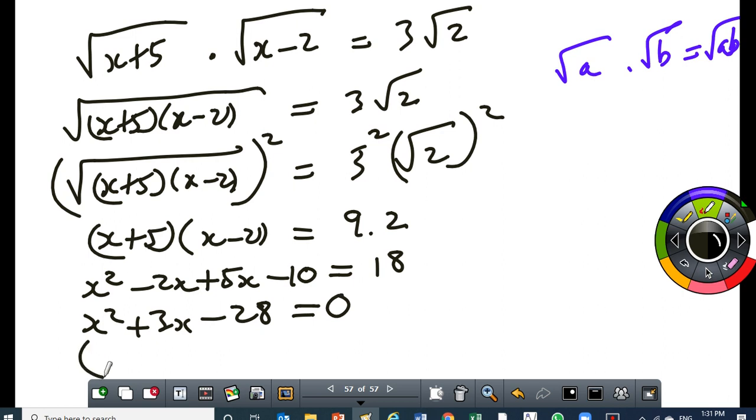Okay, then you factorize. We've got x here, we've got x. What integers am I supposed to put? Factorize this trinomial.